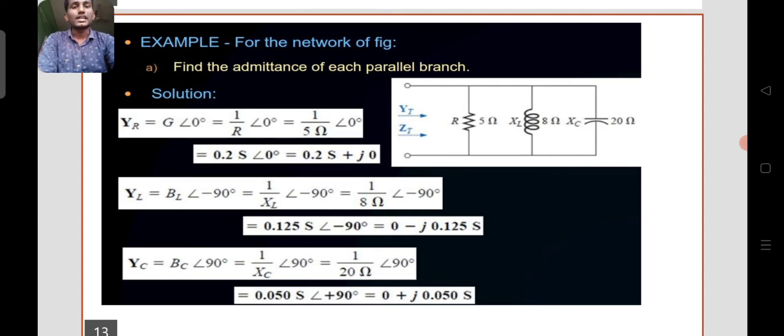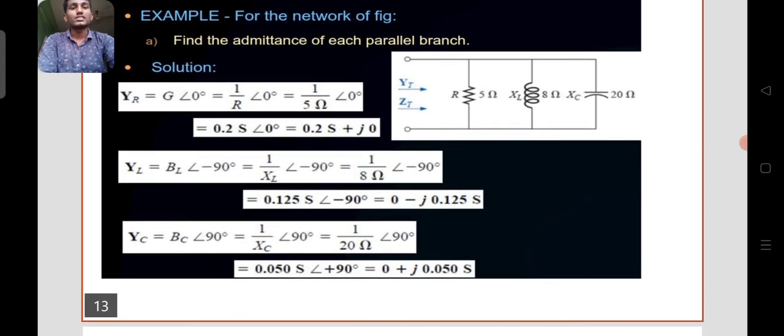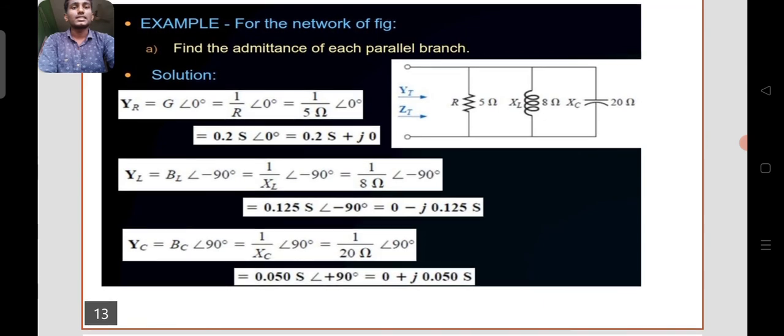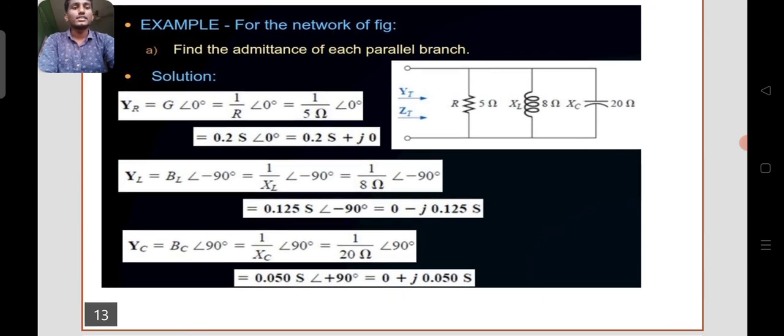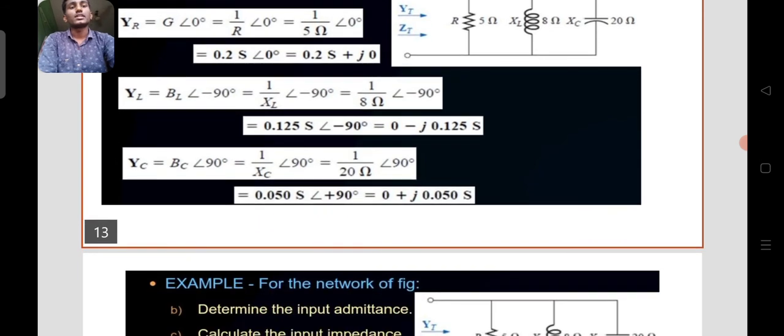And for the admittance of the inductor, BL into angle minus 90 degrees, we get 0 minus j into 0.125 S. And for the admittance of the capacitor, BC into angle 90 degrees, we get 0.0 plus j into 0.050 S.